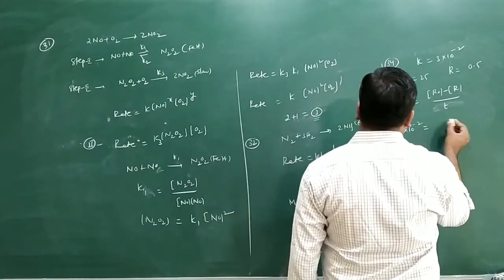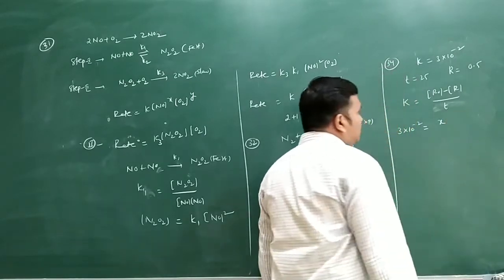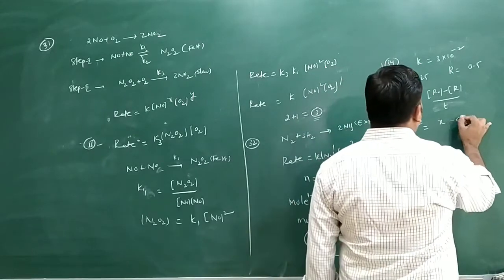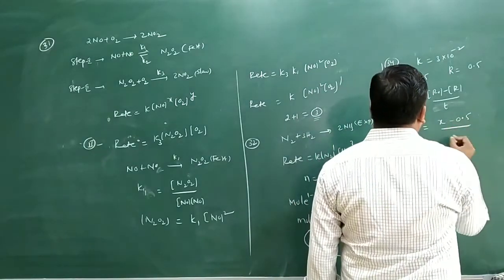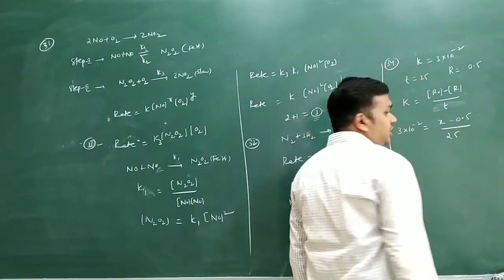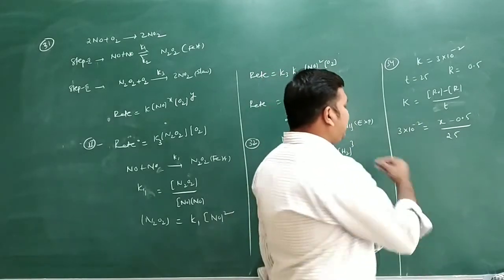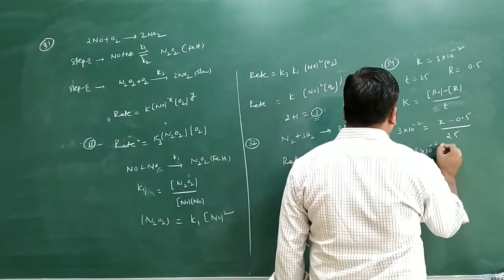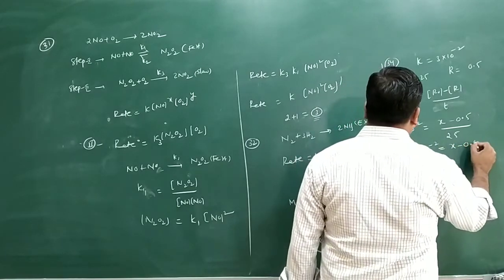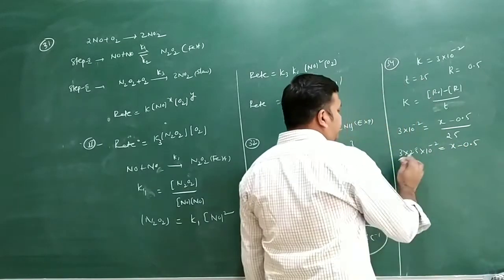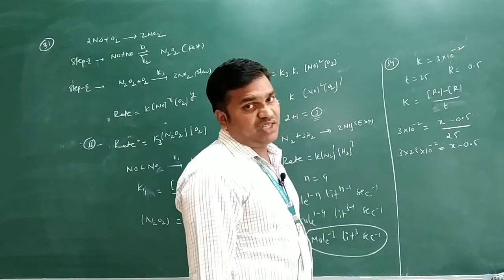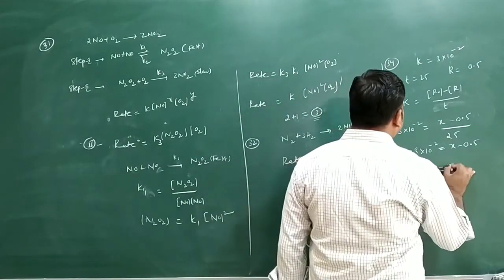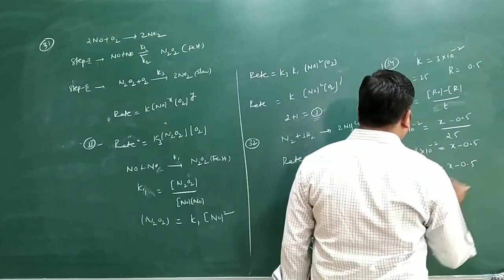The initial concentration we don't know, so we take it as X. The final concentration is 0.5, and the time is 25. Multiplying, 3 into 25 into 10 power minus 2 is equal to X minus 0.5. 3 into 25 is 75, and 75 into 10 power minus 2 gives 0.75. So 0.75 is equal to X minus 0.5.